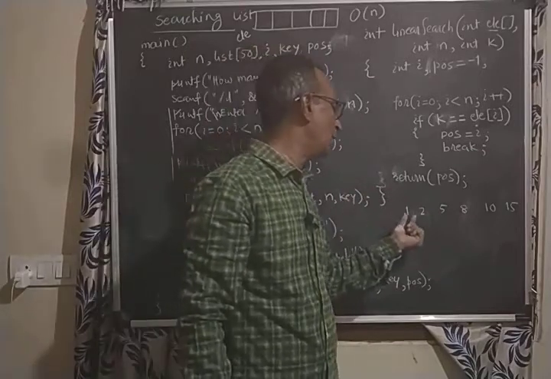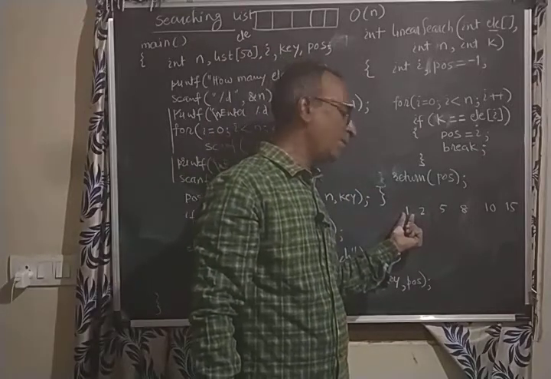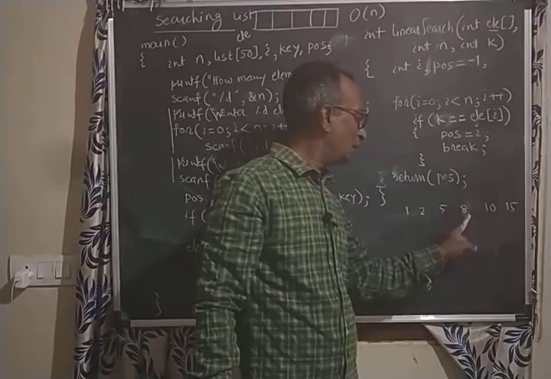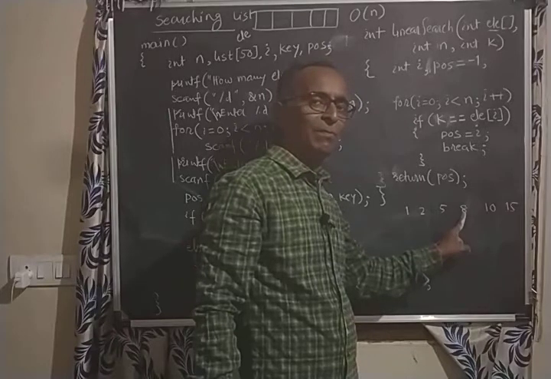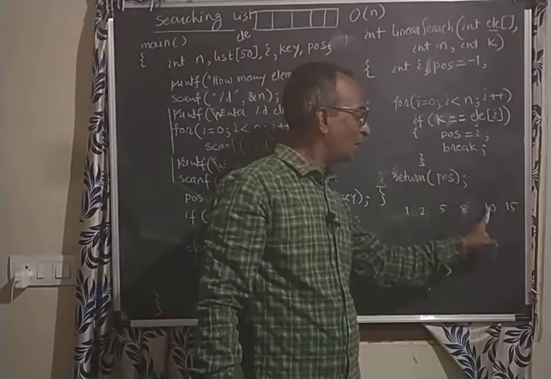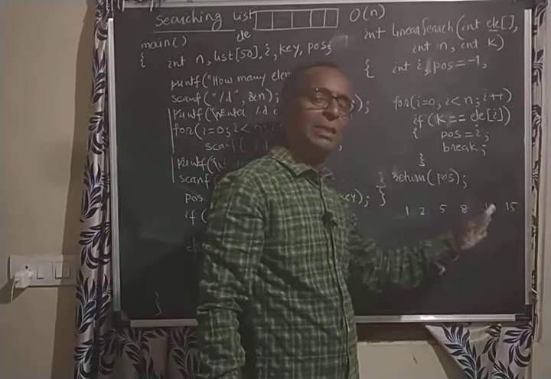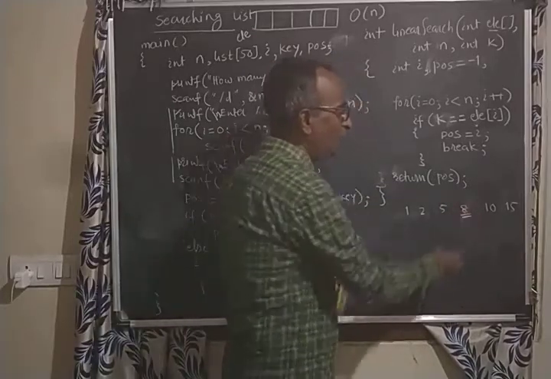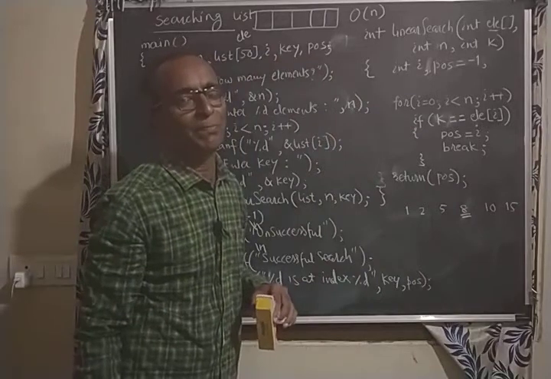What we have to do: you are searching for 7, is it 7? No. Is it 7? No. Is it 7? No. Is it 7? No. But this element is greater than 7. So can the other elements after that be 7? Definitely not. You can terminate your searching here itself for 7.